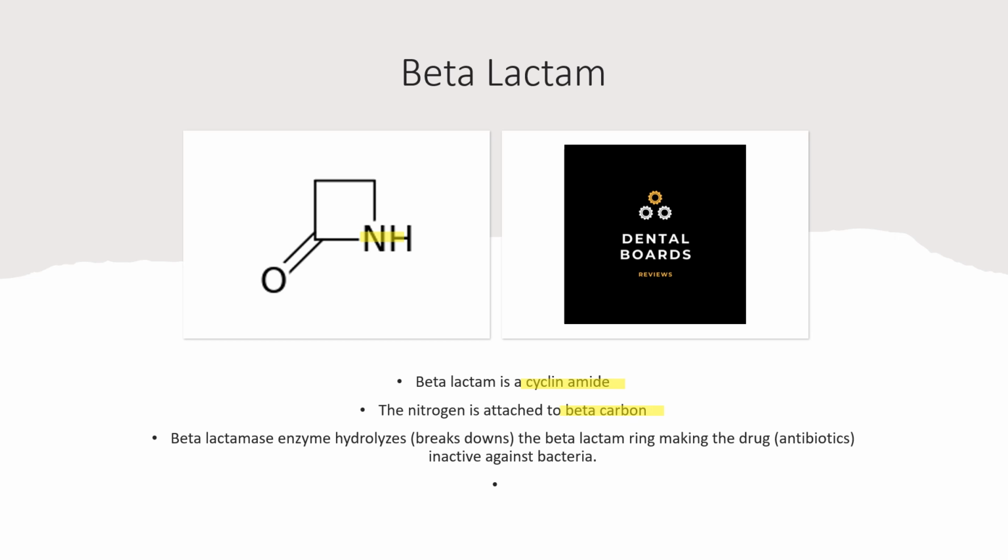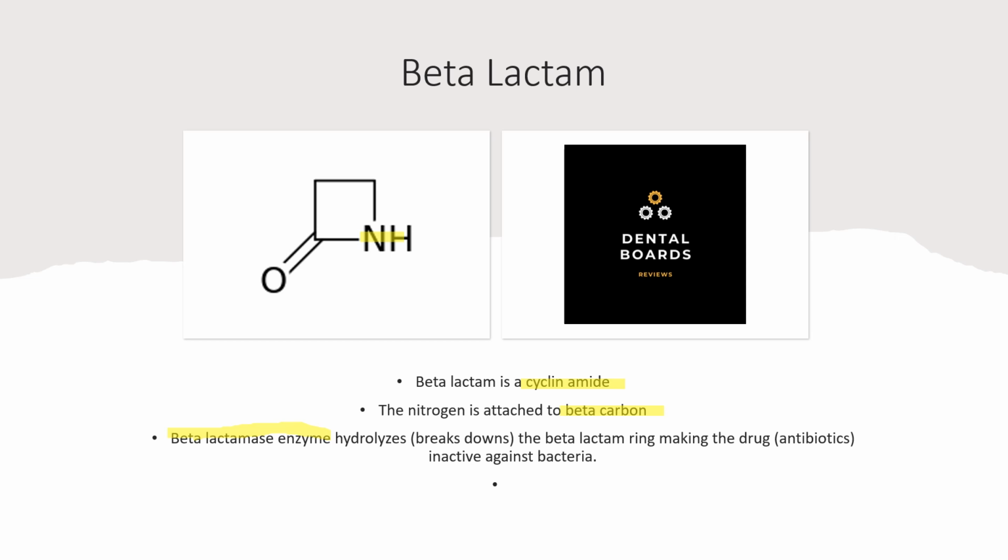The function of the beta-lactamase enzyme that is produced by the bacteria is to hydrolyze, break down, the beta-lactam ring. Once it breaks down this ring, the antibiotic is no longer active.